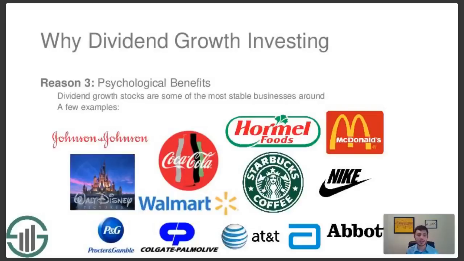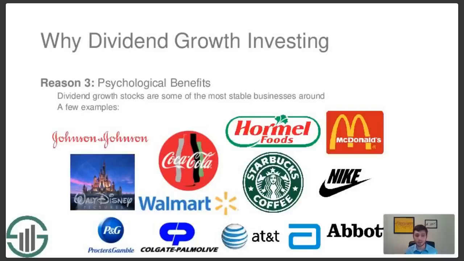But when you're aware of the business, when you're invested in, and these are all dividend growth stocks below, when you're invested in a Nike or a Starbucks or a Disney or a Walmart, these are companies you're probably familiar with. They're paying you more in dividend income every year. And it's a lot easier to hold those businesses than it would be for a more complex business or a less proven business.